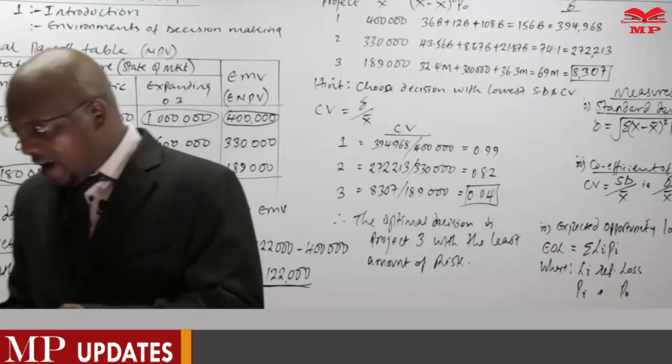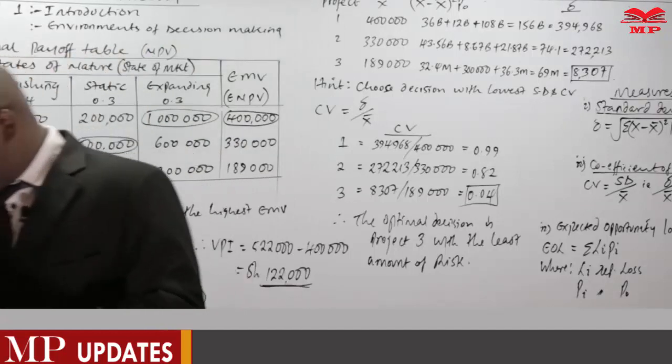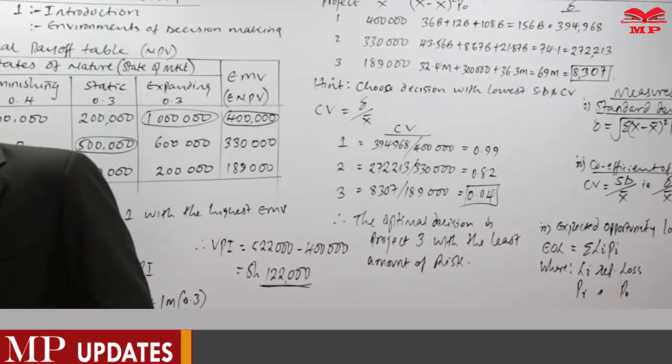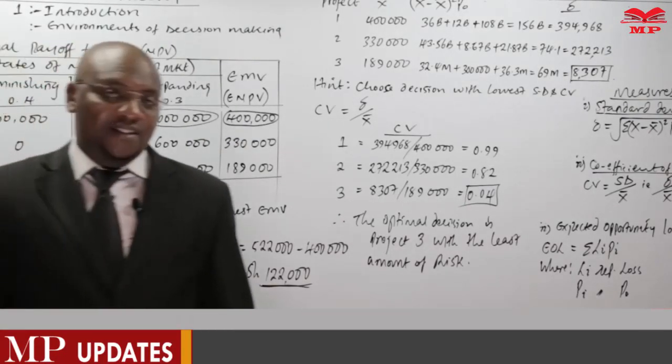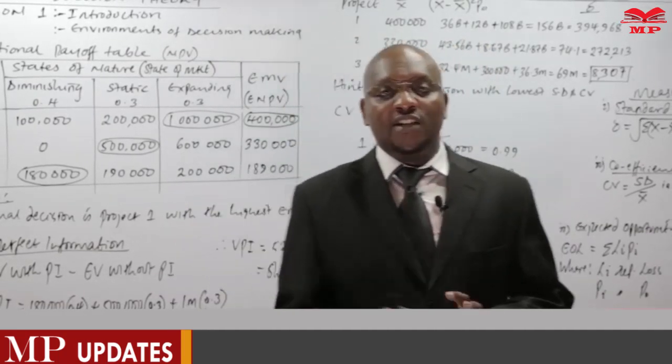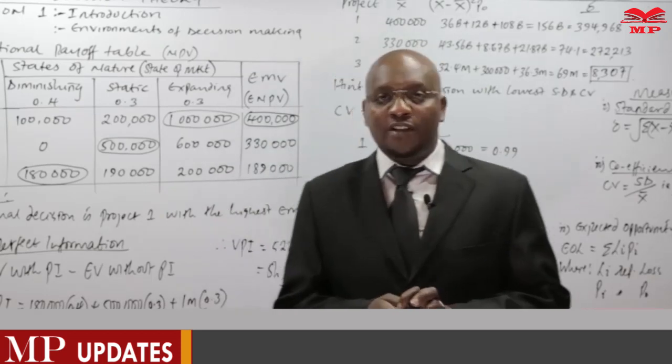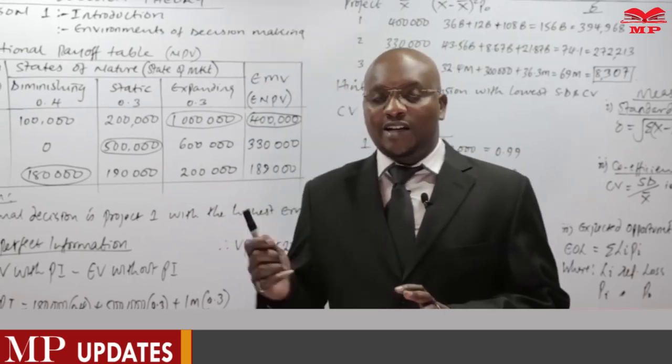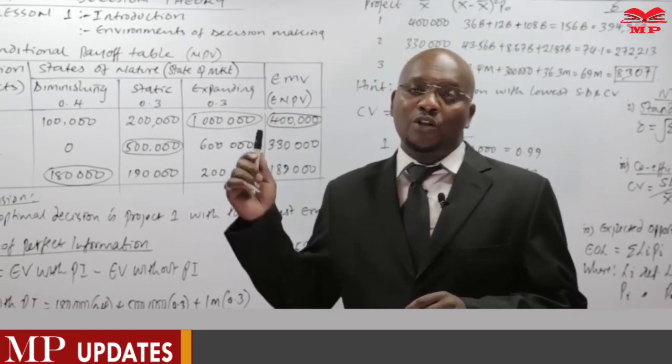That is all about that illustration and the solution concerning that. Now, we've come to the end of lesson 1, where we have featured the introduction part of this topic, as well as the environment of risk.